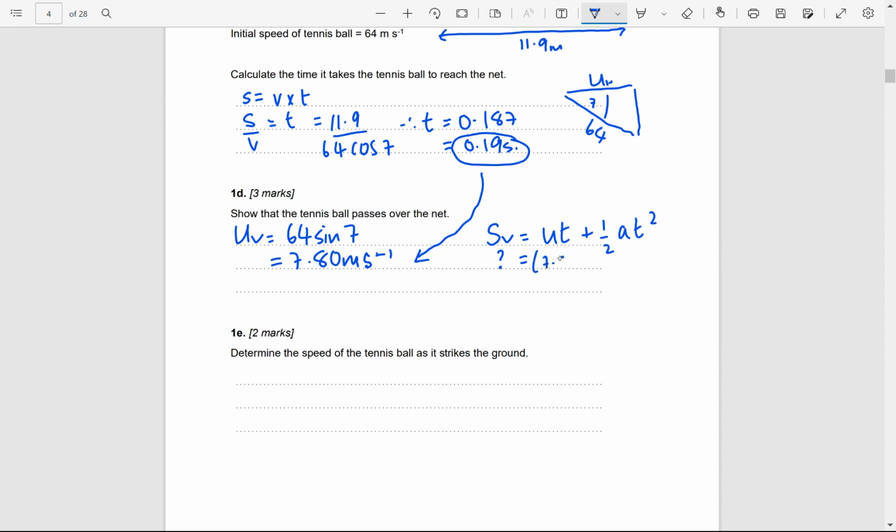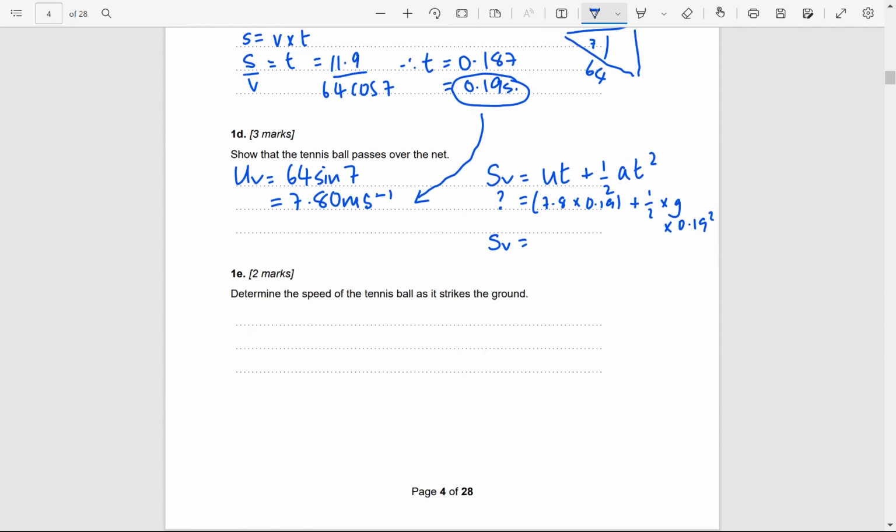And so ut, that's going to be 7.8, this u here, multiplied by 0.19, plus, because it's falling with gravity, half times 9.81 times t squared, and we can work out the distance it will fall, and the distance it's going to fall is 1.659 meters.